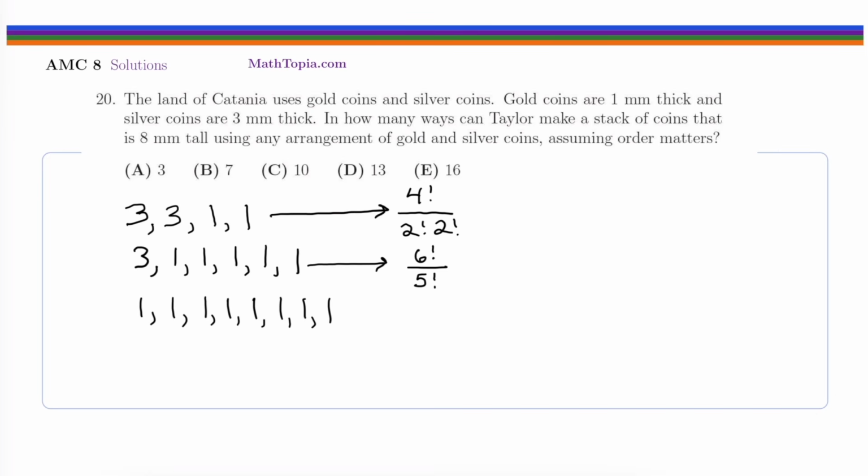And finally, we have 8 coins, so 8 factorial, but all of them are 1s, so divided by 8 factorial again. This equals 6, this also equals 6, and this equals 1. So our answer is 6 plus 6 plus 1, which equals 13. And our answer is D.